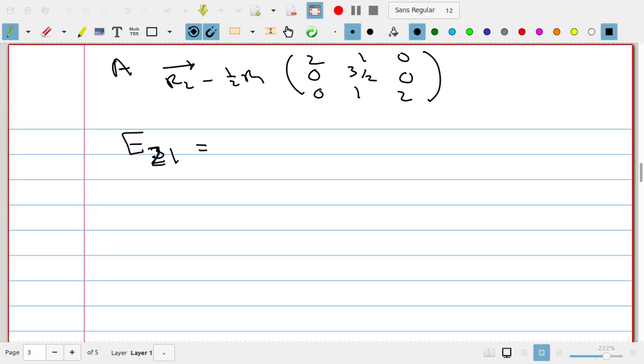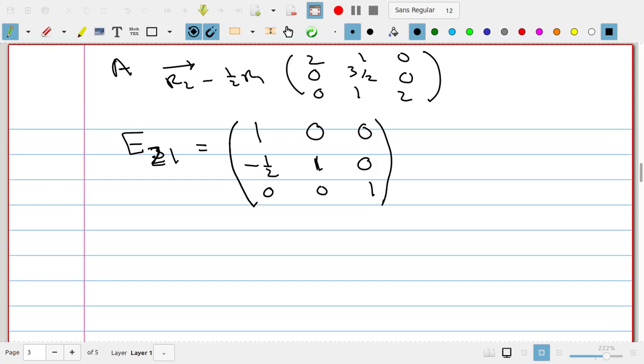So the elementary matrix is then equal to 1, 0, 0, and then of course you'd have minus half, 1, 0, 0, 0, 1.